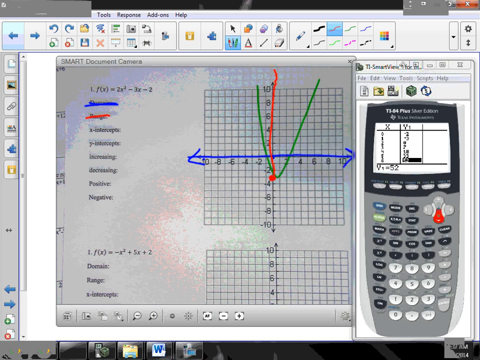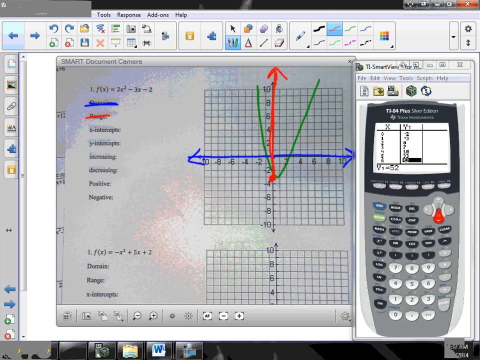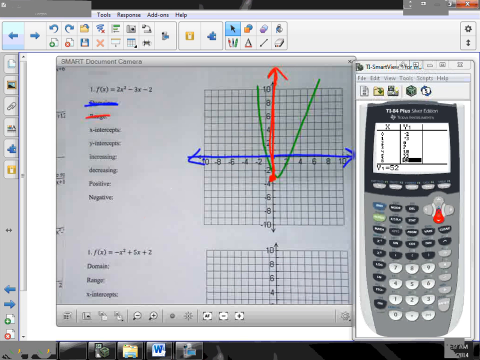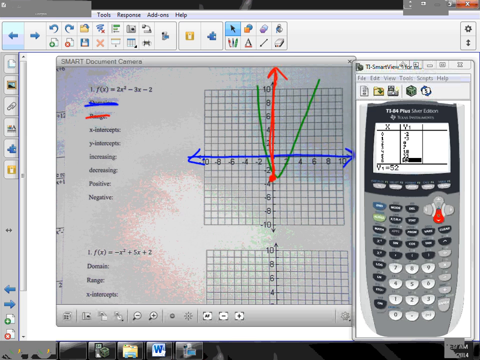So somewhere near 3, well, -3 will have a closed circle and then an arrow on top. So when you label the domain, you color the x-axis. When you label the range, you color the y-axis.